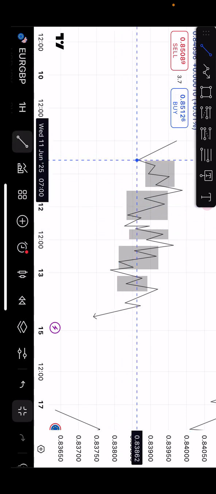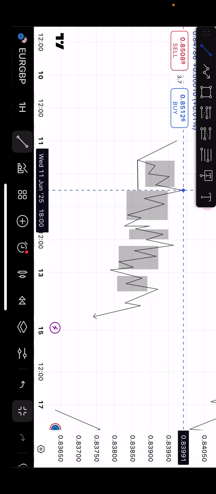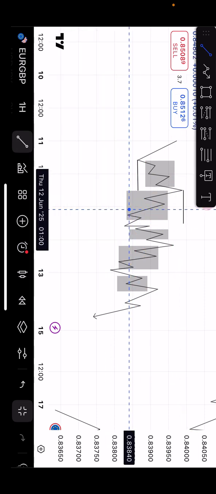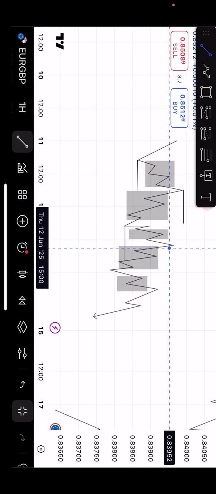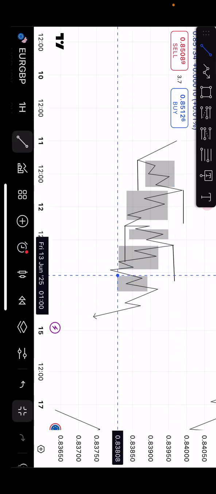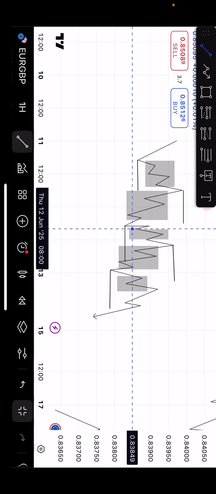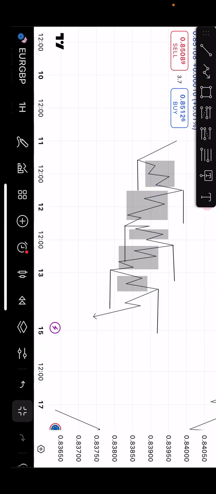The main low that caused a higher high, that caused what? The high that caused what? A lower low that caused another what? A lower high that did not break out of the previous high, that caused what? A lower low, and that caused what? A lower high. So this is it.